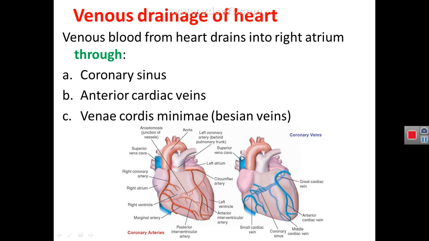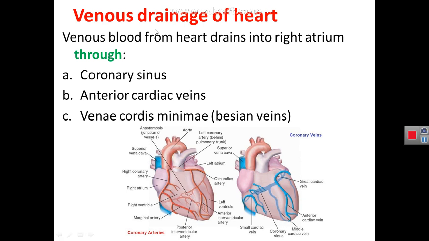In addition to that, we have pits or small veins that are seen from inside of the heart, mainly in the right atrium and right ventricle, that are called venae cordis minimae.